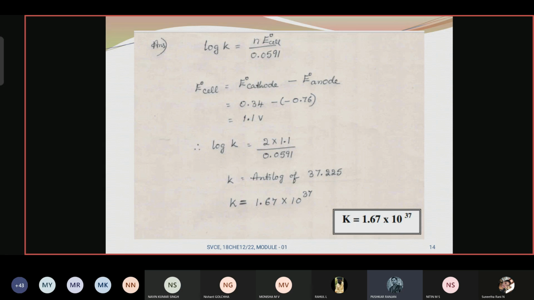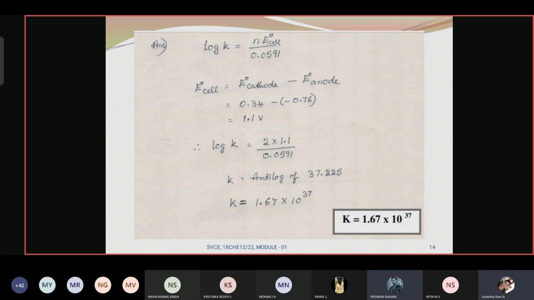Yes, ma'am. Did you get the same answer or different? Same I got, ma'am. Are you calculating? Yes, ma'am, I'm doing. Mohan, are you writing? Yes, ma'am. How much did you get? 1.7 into 10 to the power of 32.